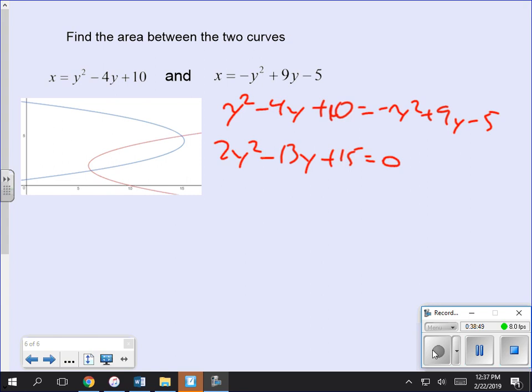Now, do this one by hand. You get 2y minus 3, y minus 5 is equal to 0. So your points of intersection are 1.5 and 5. Or 3/2 and 5. I use 1.5 to type in the calculator. It's easier.